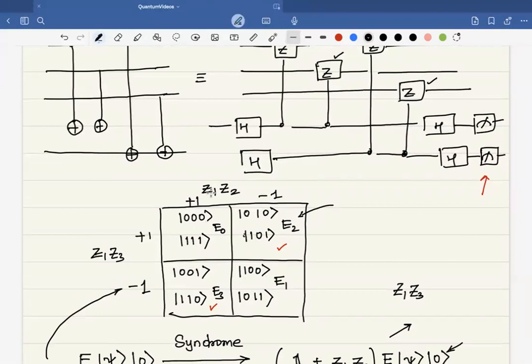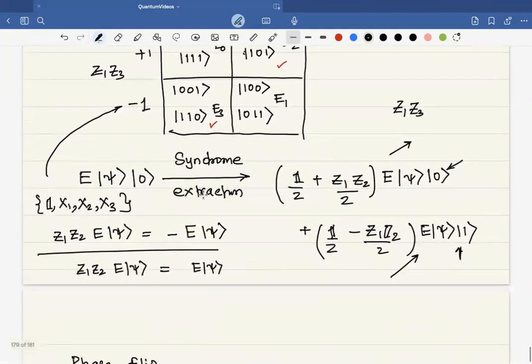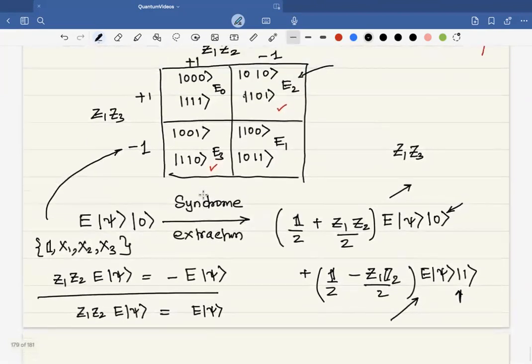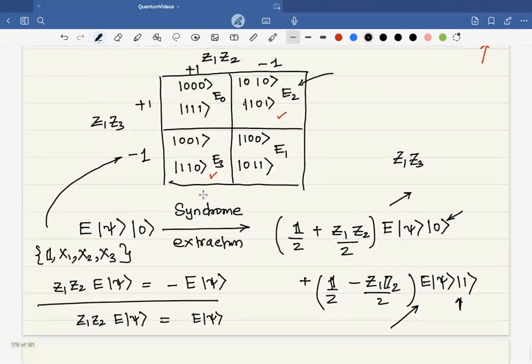And the measurement of Z1, Z2, Z1 means Z on the first qubit and Z2 means Z on the second qubit. The measurement operators essentially are able to distinguish between these 4 partitions. So the syndrome detection part is essentially a measurement that allows us to distinguish between these 4 partitions. And then we correct the errors using the error recovery procedure, which will be our X operators.